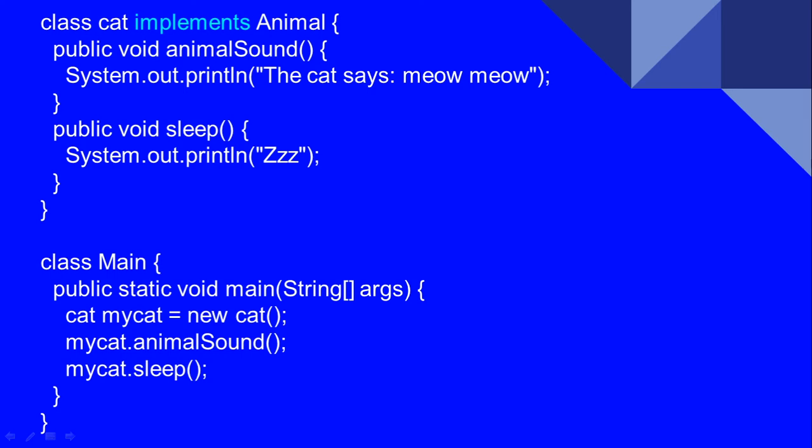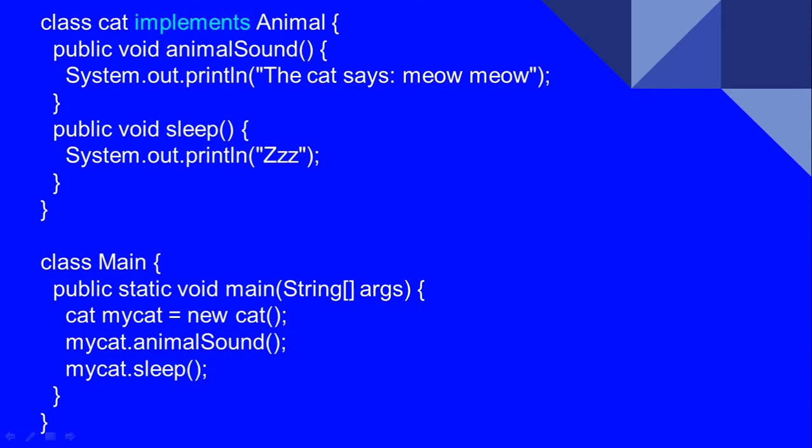Now we are opening another function, public void sleep. Sleep is another function mentioned in the interface Animal previously. Now we are explaining the function with some statements like System.out.println, with some sleeping sound given. So we are explaining the function sleep. Close this brace and close the brace of the class over here.